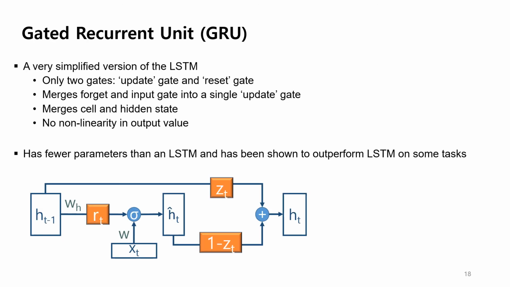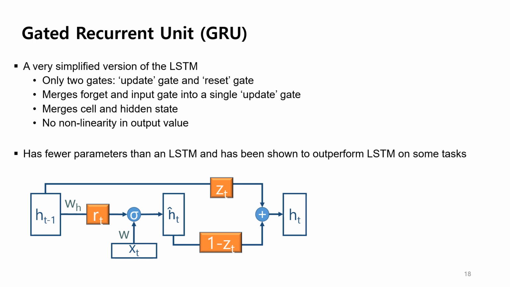So we studied LSTM, and actually there is another model called GRU, gated recurrent unit. This GRU is a simplified version of LSTM. This model is much simpler than LSTM.